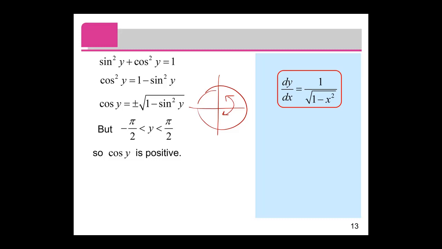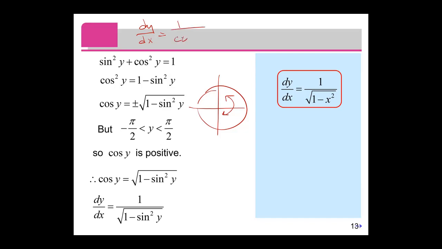Okay, good. So now we have the cosine of y is equal to the square root of 1 minus sine squared. And we know that dy/dx was equal to 1 over cosine of y from the previous slide, right? That was the end of the previous slide.